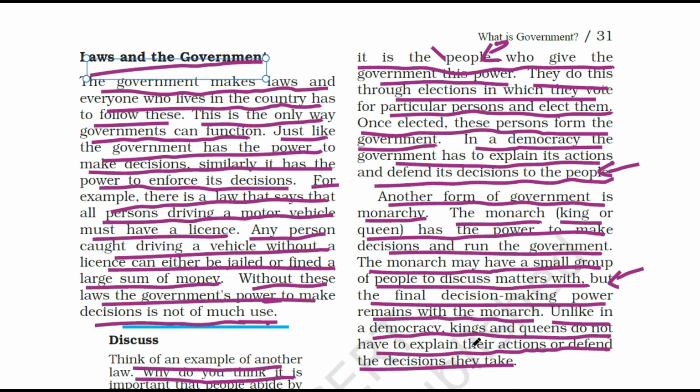So if there's any unpopular law or decision that a monarch makes, the people have to go by it. They cannot protest against the monarch, and the monarch does not have to defend the decisions that they take. They don't have to defend or explain to the people in their country why they are taking such decisions.